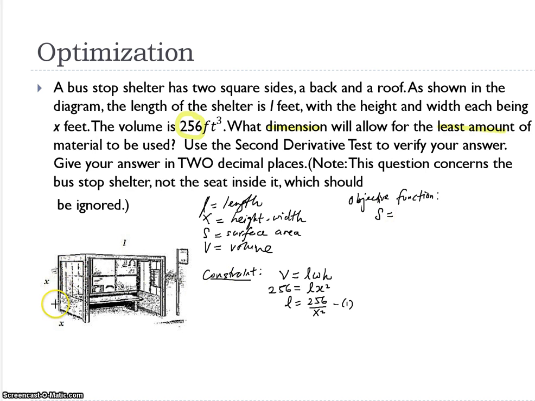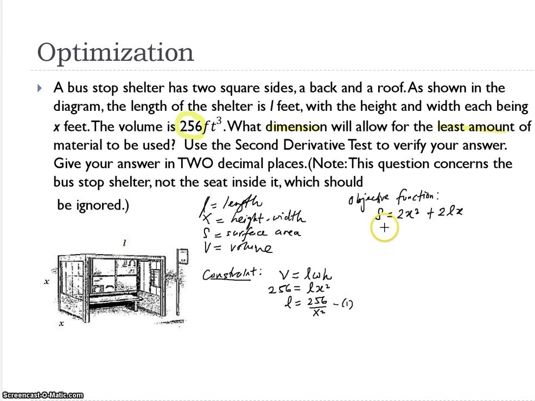We have x and x here, and x and x here, so we have 2x squared, plus we have a back and also a shelter roof up here. The dimension is L times x for the back and L times x for the roof as well, so 2Lx. So this is our surface area.